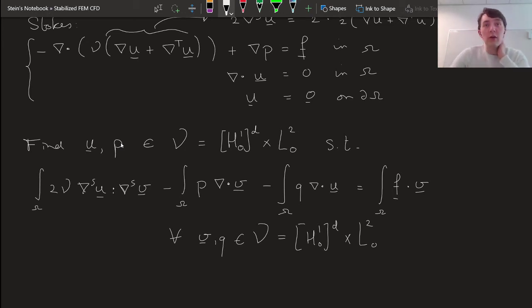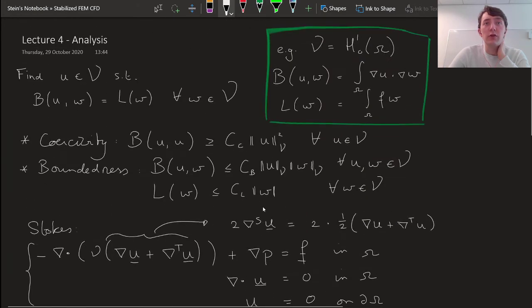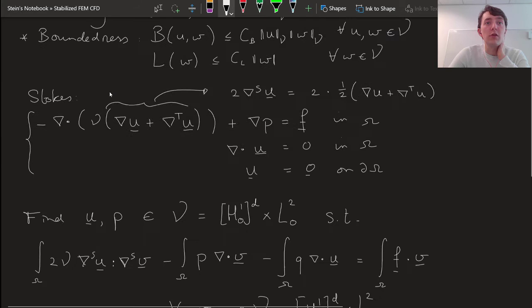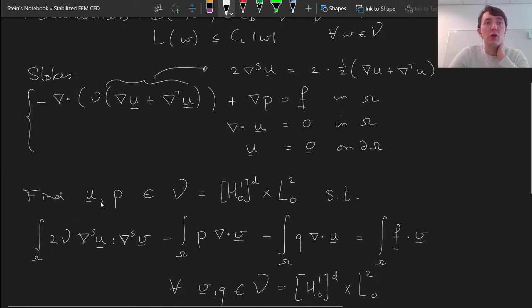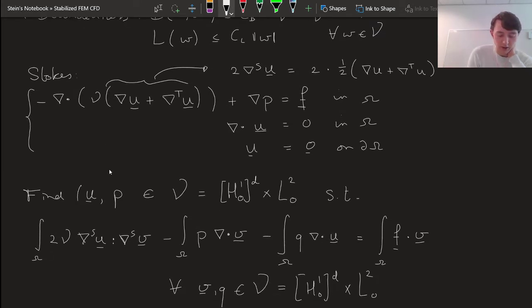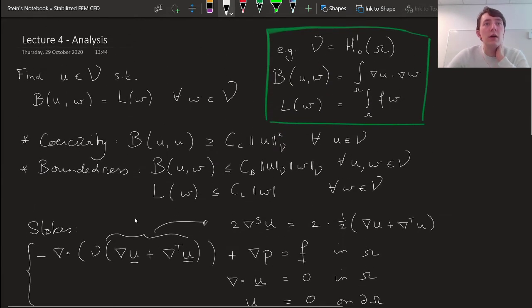Even though we're dealing with a mixed form, with two different variables here, a u and a p, we still end up with an equation that fits perfectly in what we have right here. Our solution is now u comma p, and if you don't like the notation, I can put brackets around it, and you see that's really just one solution.